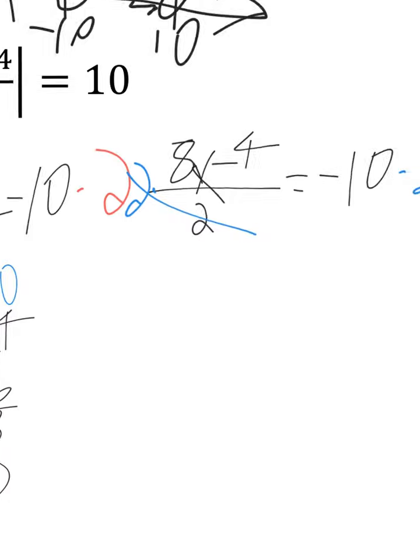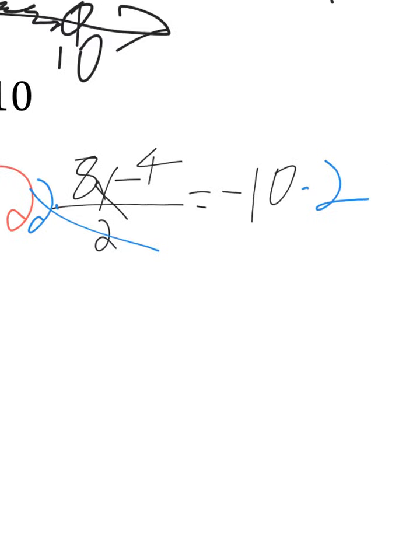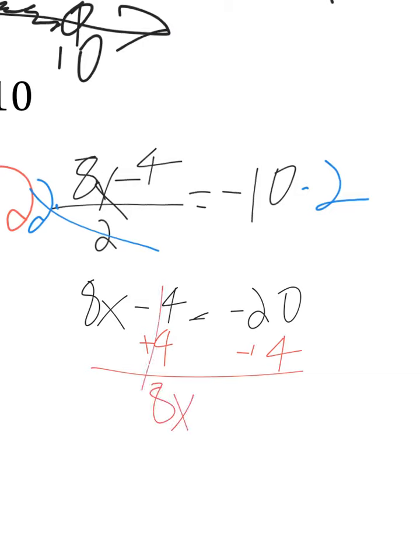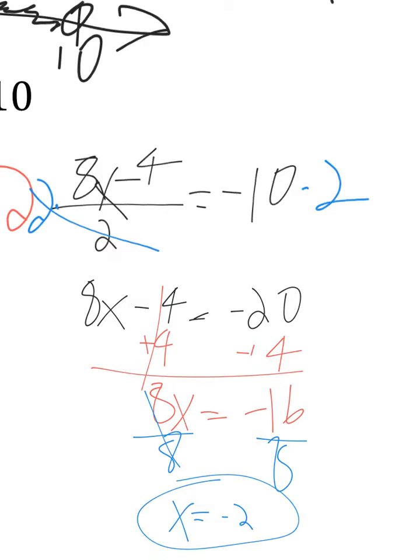Now let's go back to this one. We're going to have 8x minus 4 equals negative 20. So I'll plus 4. I get 8x equals negative 16. Divide by 8. You get x equals negative 2.